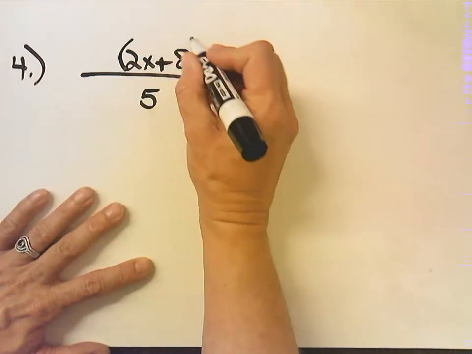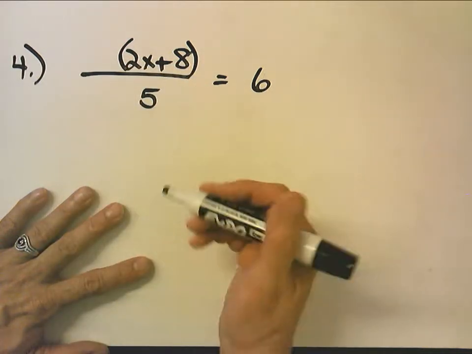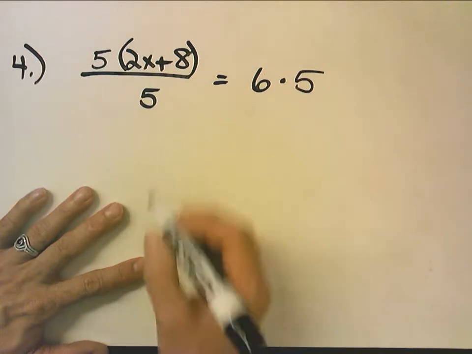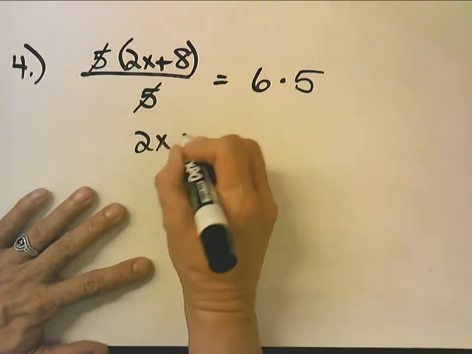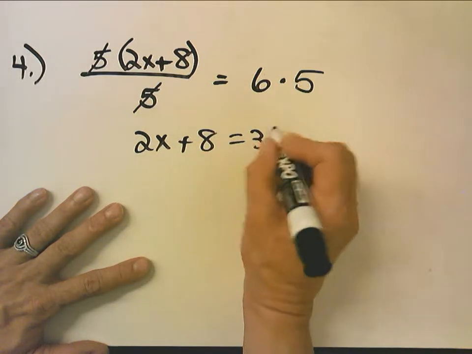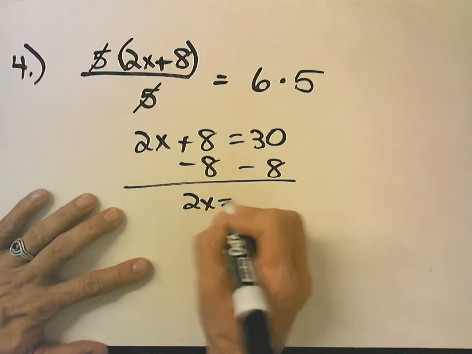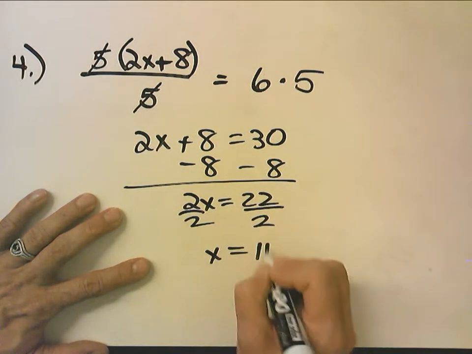So remember, I protect 2x plus 8 because whenever I see an expression in a fraction, I protect it. So I'm going to multiply both sides by the common denominator, which happens to be 5. They cancel out. I get 2x plus 8 equals 30, minus 8 minus 8. 2x equals 22, divide by 2, divide by 2, x equals 11.